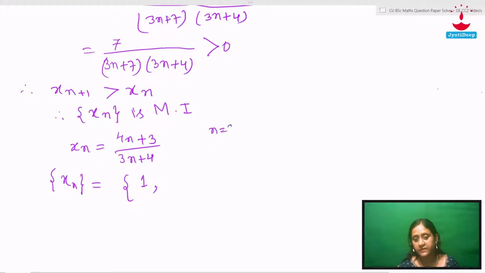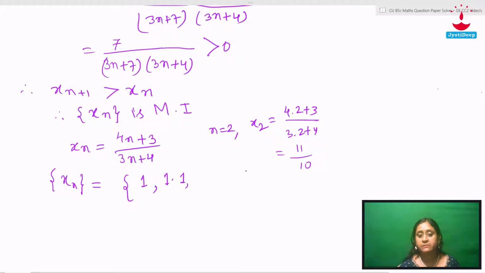For n equals 2, we will get x2 is equal to (4 into 2 plus 3) by (3 into 2 plus 4). That is 4 2s are 8, 8 plus 3, 11. 3 2s are 6, 6 plus 4, 10. That is 1.1. Similarly, for n equals 3, we will get x3. Okay. So what will be x3? x3 will be (4 into 3 plus 3) divided by (3 into 3 plus 4).